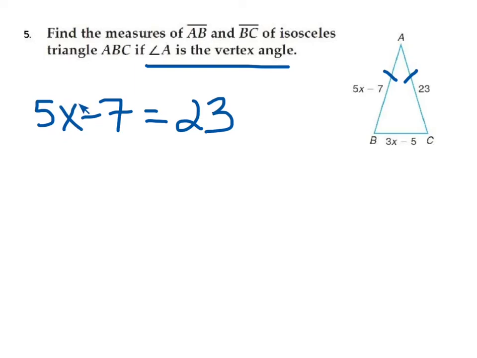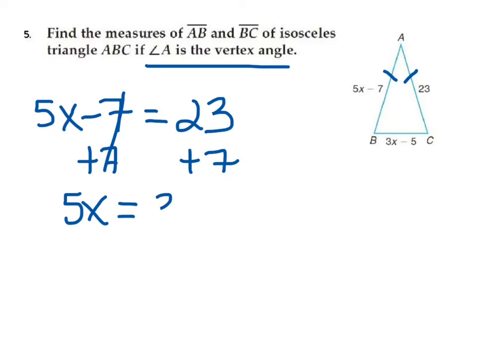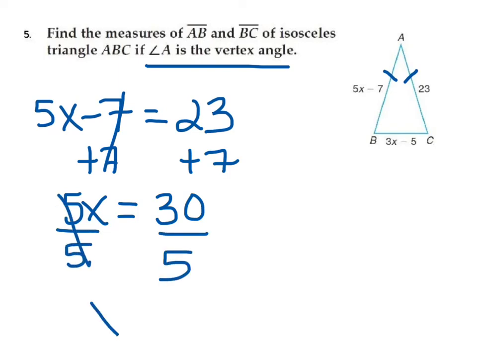We want to isolate this variable x by bringing these two values, the 5 and the 7, to the right side of our equation. So I'm going to add 7 to both sides to cancel those two values. I then get that 5x is equal to 30. And again, we want to isolate x. Since 5 is attached to our x by multiplication, let's divide both sides by 5. Now, I end up with x is equal to 6.